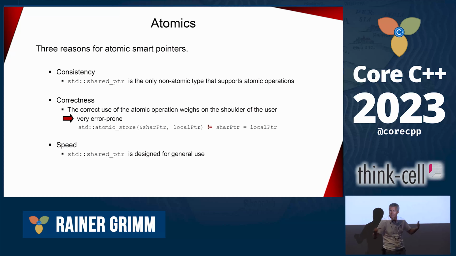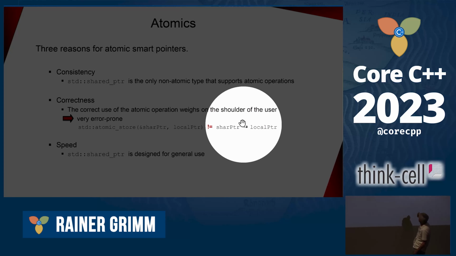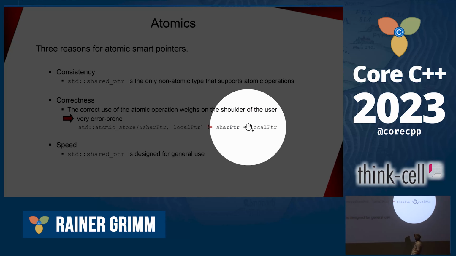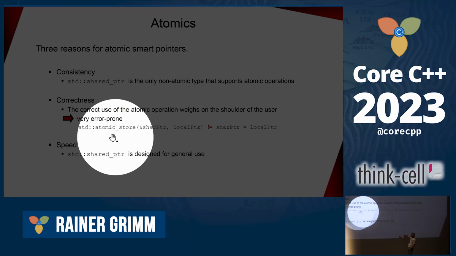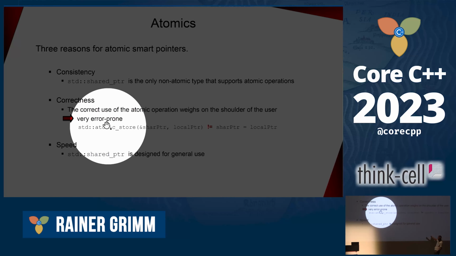This was an extreme exception of the rule. So out of consistency, we need atomic shared pointer. We need it also out of correctness. You see, when you do this, now the compiler will protect you from doing this, but this is maybe a threading issue. So what you should do is, of course, this.